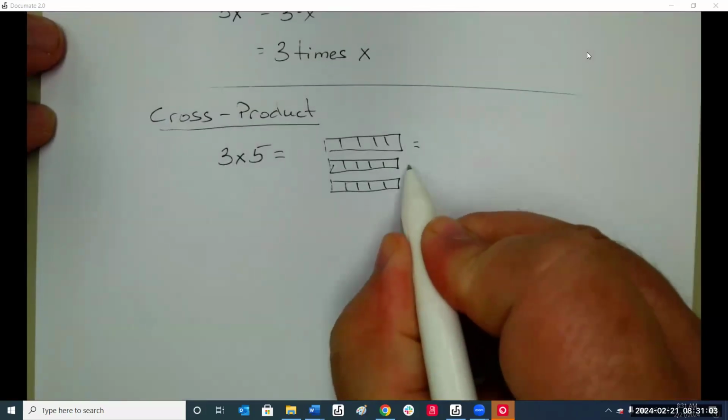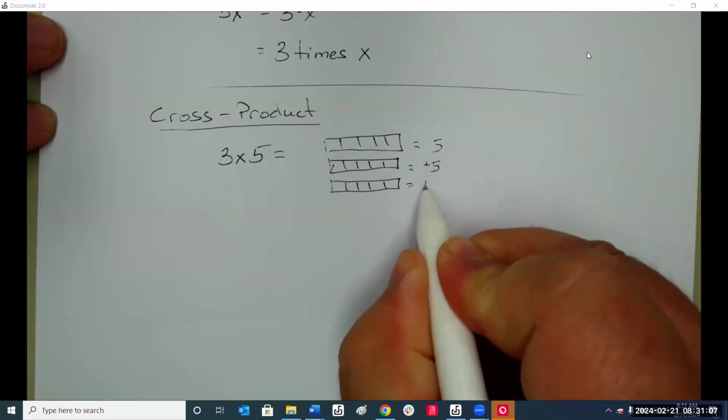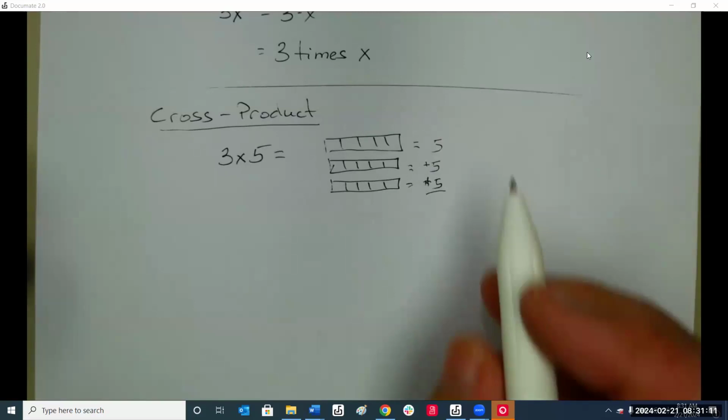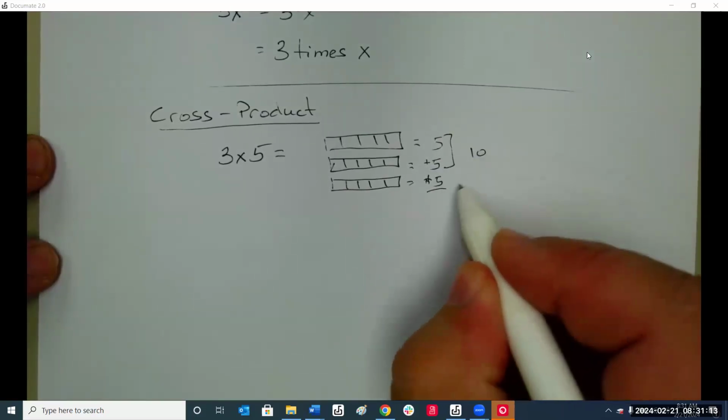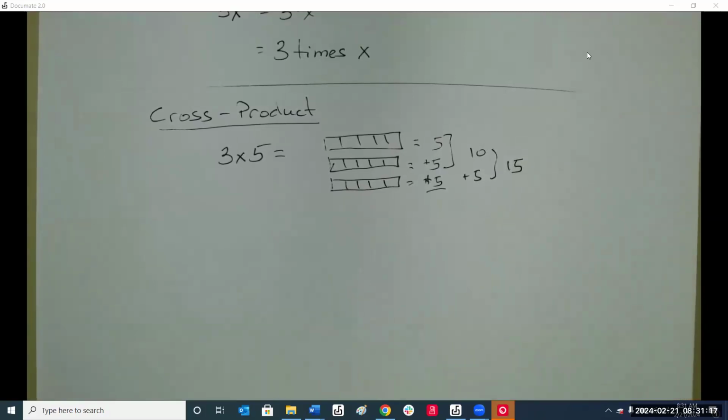So by this time, again, you see how important it is to have addition skills. So 5 plus 5 is 10. 10 plus 5 is 15. So the stronger their addition rules are, the faster your multiplications will go.